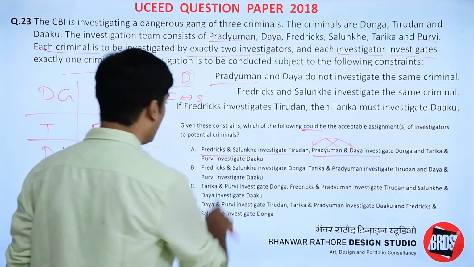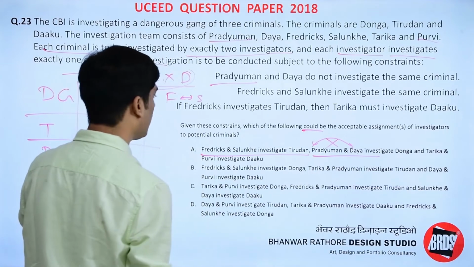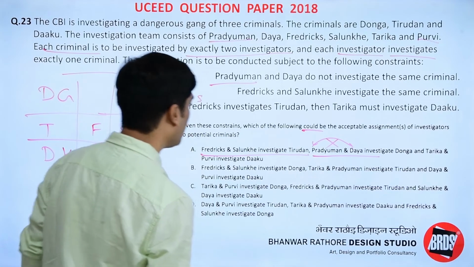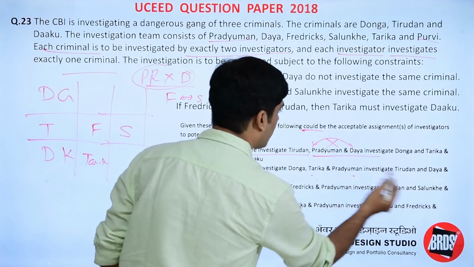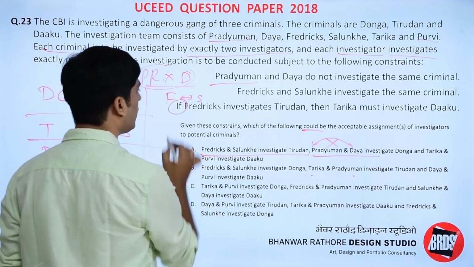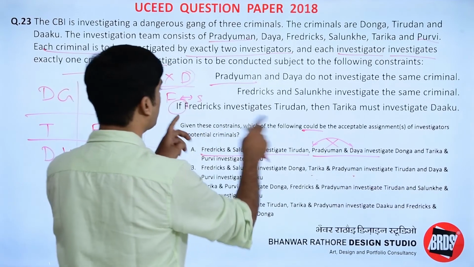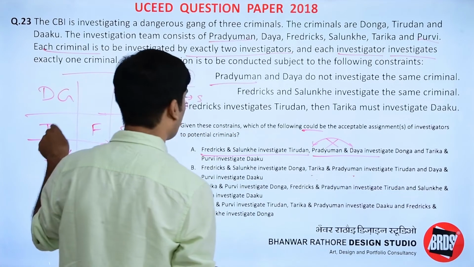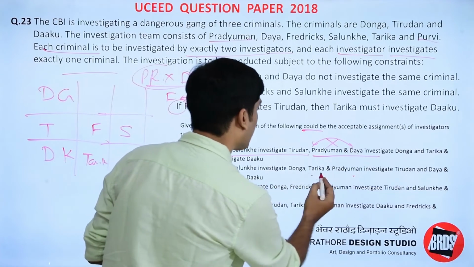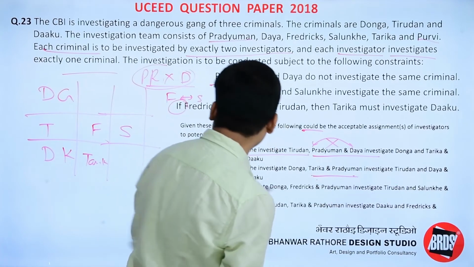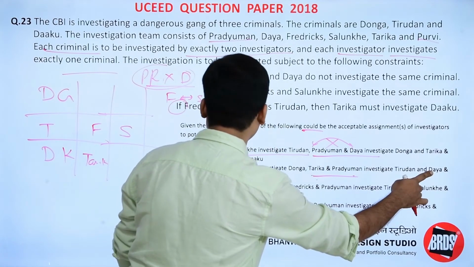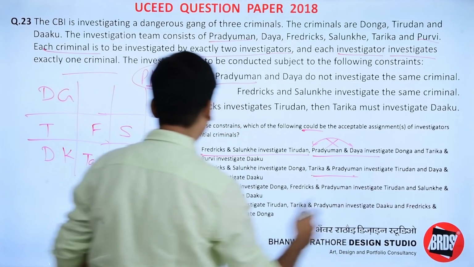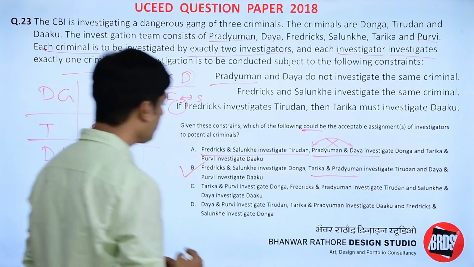Now the second one, F and S are together, Tarika and Pradyuman can investigate, because this is an if condition. It is not necessarily definitely true that these two persons will investigate this person only, like F will investigate Tridwan only. Second one, Daya and Purvi, because Daya and Purvi can work together, but Daya and Pradyuman can't work together, so this is possible.